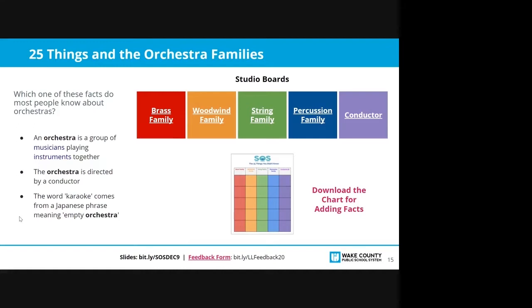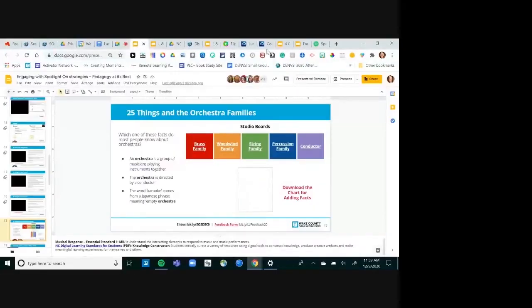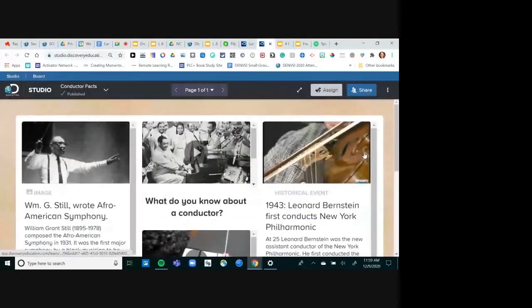So the way I've set this up is for the 4 families of the orchestra, and I included the conductor. Therefore, I have 5 groups of students, and for each of those groups, I have developed a studio board. So Wanda, if you wouldn't mind going out to one of those studio boards. Each studio board has to do with one of these 5 areas.